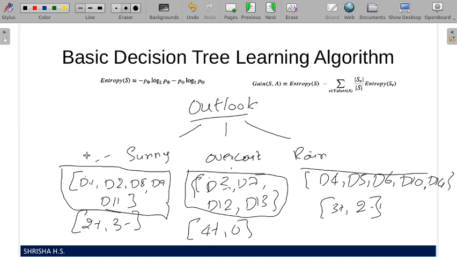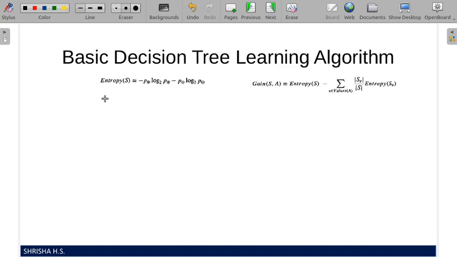So we'll start with sunny. We'll calculate for outlook sunny. Whenever the outlook is sunny, what are those instances from our data set? D1, D2, D8, D9 and D11.